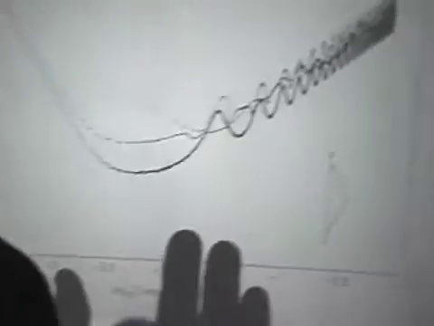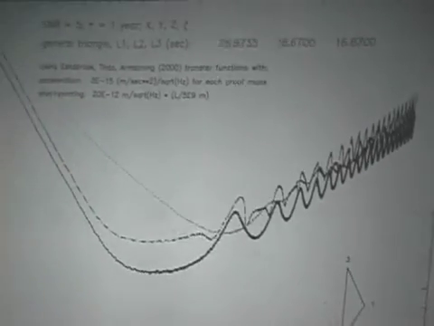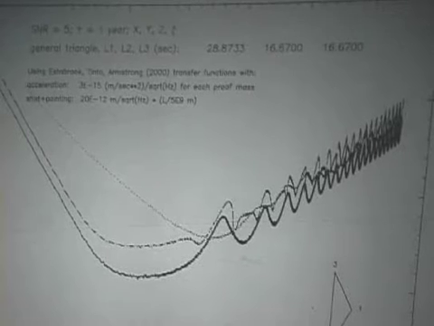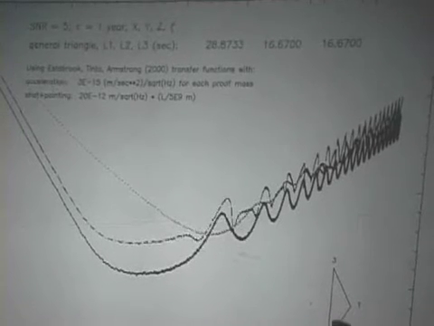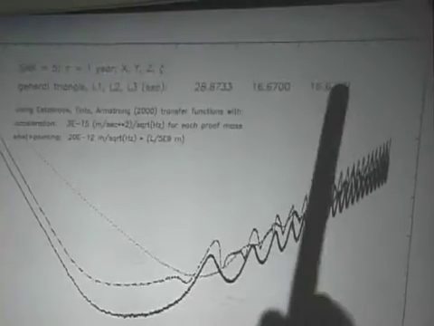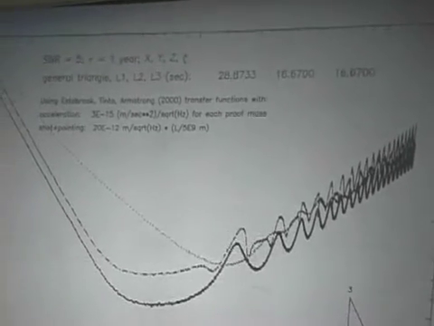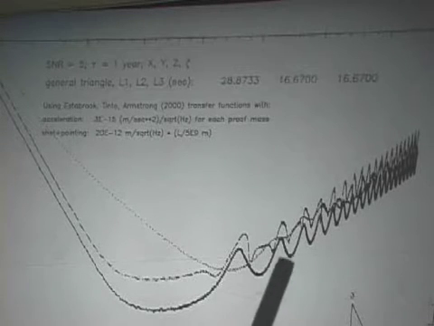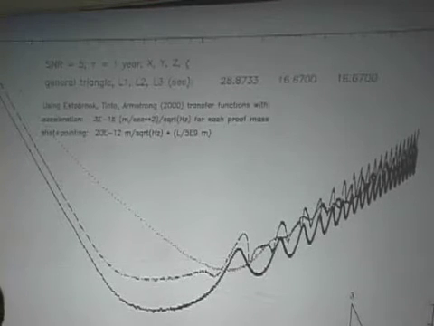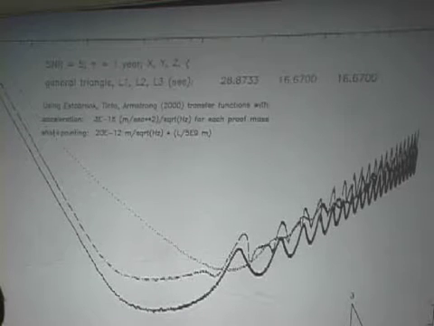And of course, you don't have to do it for equal arms. This is an example of the Michelson combination for a configuration which is isosceles, where these 2 arm lengths were equal to the nominal, and this one is not quite twice it. This is the so-called X Michelson interferometer, the one with this vertex, and Y and Z are that vertex and that vertex.